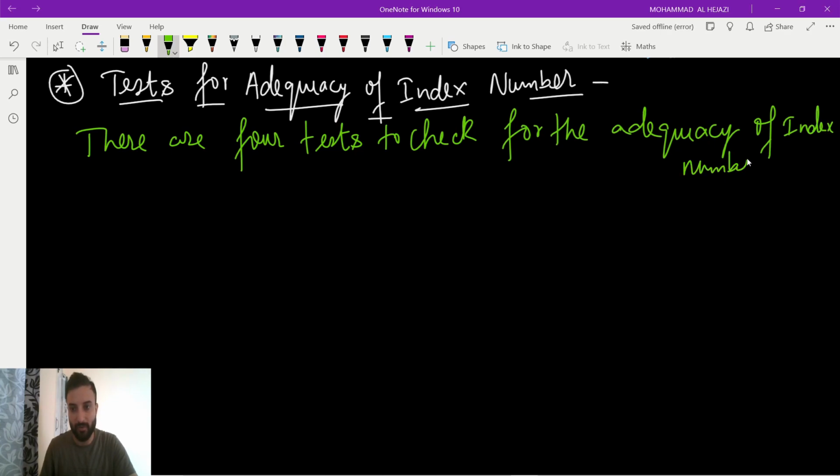Adequacy means what? Accuracy, of index number.